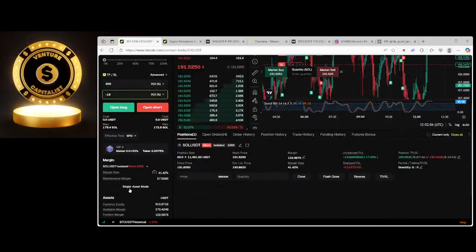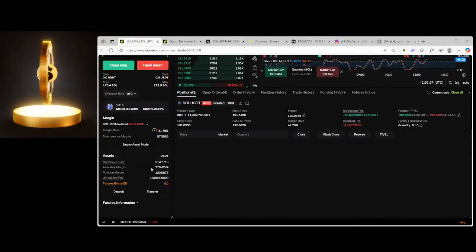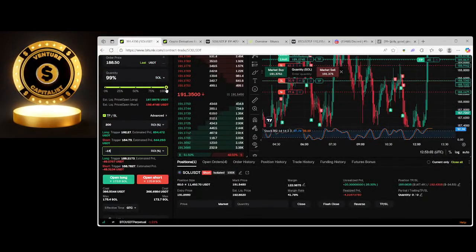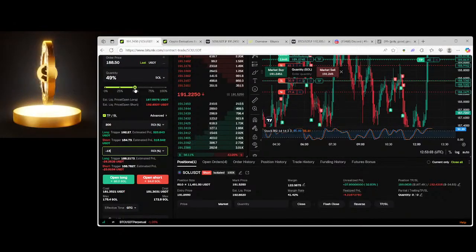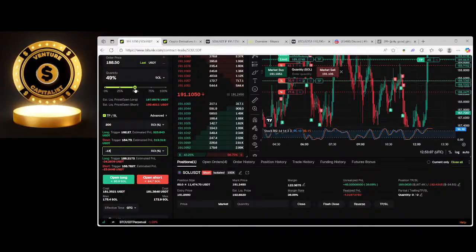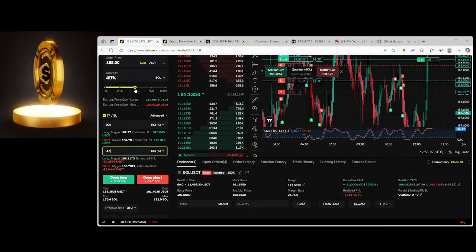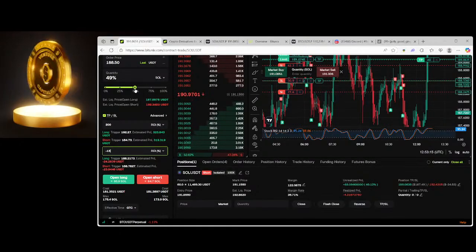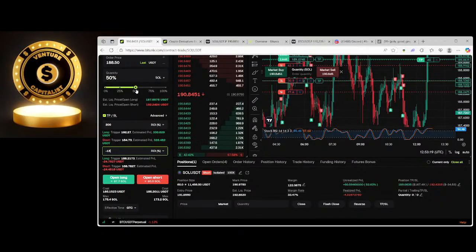That's it. Now when I go down here, my available margin is 370. So if I want to do 370 on that trade, it'd be 100. If I want to do half of that, it would be here. So half of 370 is about 185.